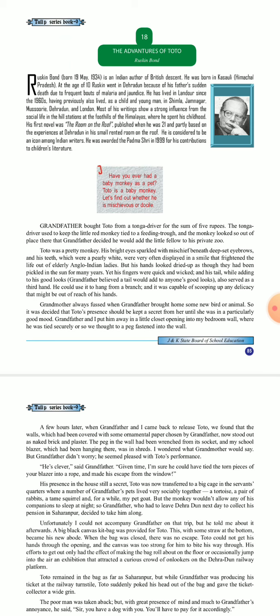He has lived in Landur since the 1960s, having previously also lived as a child and young man in Shimla, Jamnanagar, Mussoorie, Dehradun and London. Excluding this London, we can say that he lived in the hill stations of India.